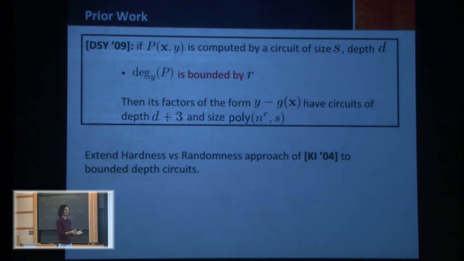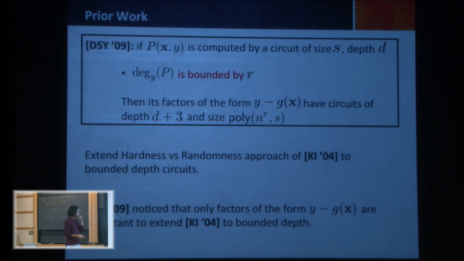But if you want to work with bounded depth, then you need to study these factors y minus g(x) a little bit better. So they notice that only these factors are important, and they prove this result. That's the main result for them to carry over the approach. And here what we do is extend the result to work with any bounded depth polynomial.